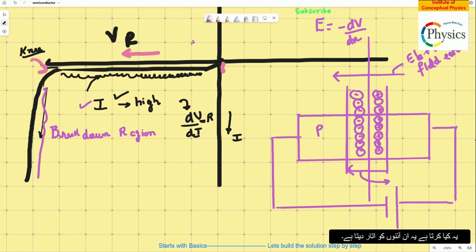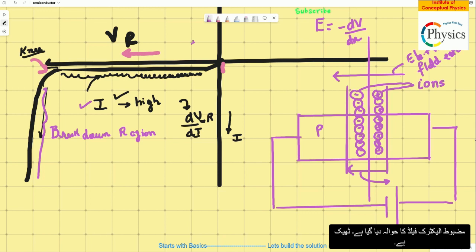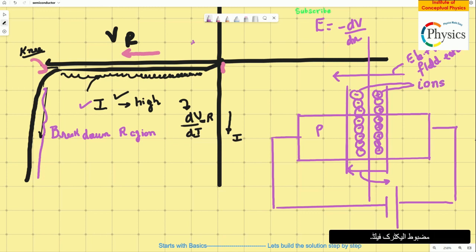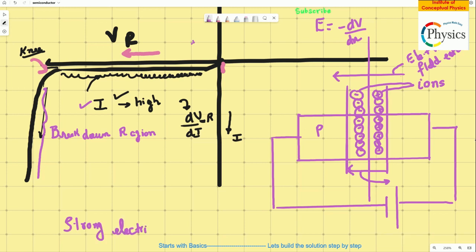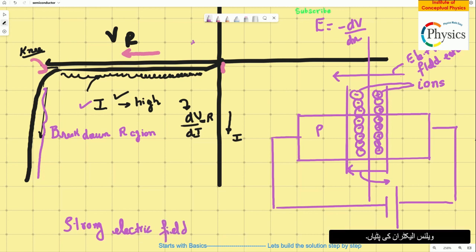What it does is it strips off these ions. So these are the ions that you see, right? These are the ions being referred to. The strong electric field strips off the valence electrons.